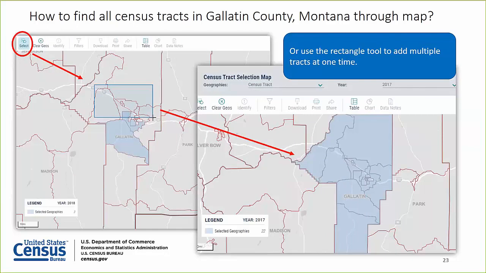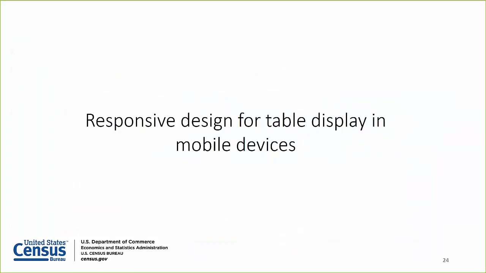And then from here, showing you how to do a selection. You can gather several at once and work the mapping function that way.